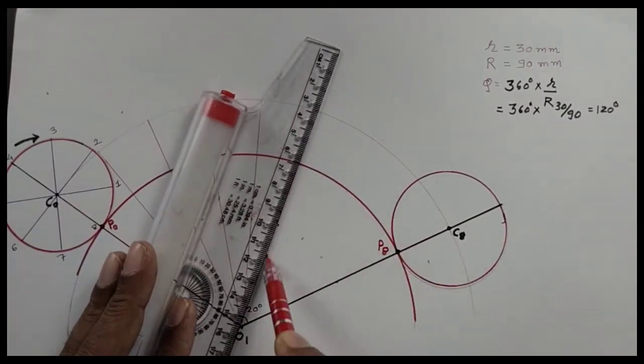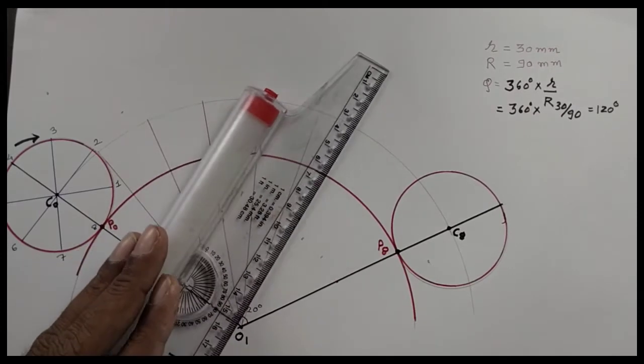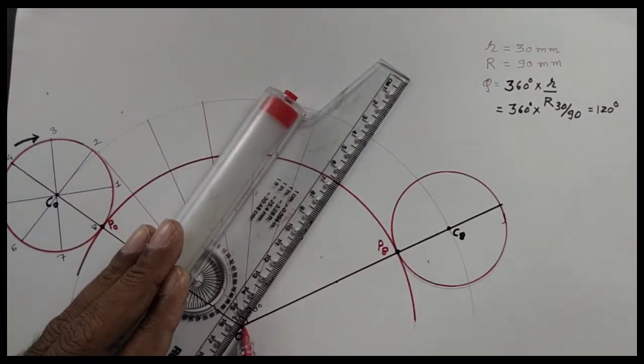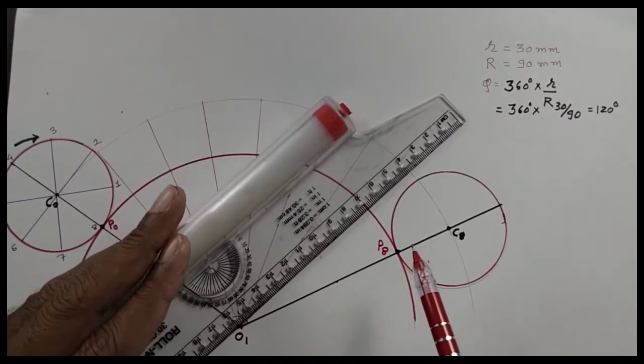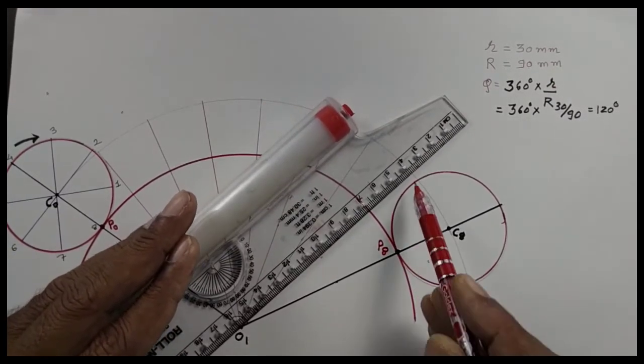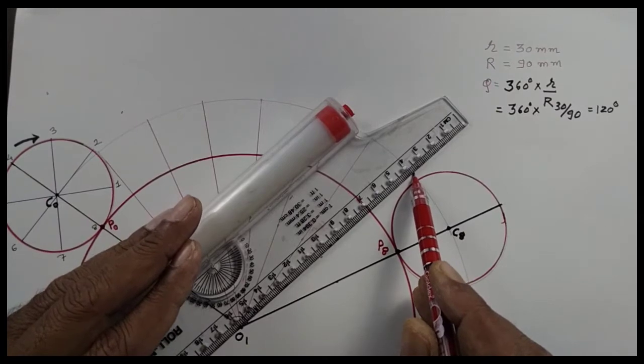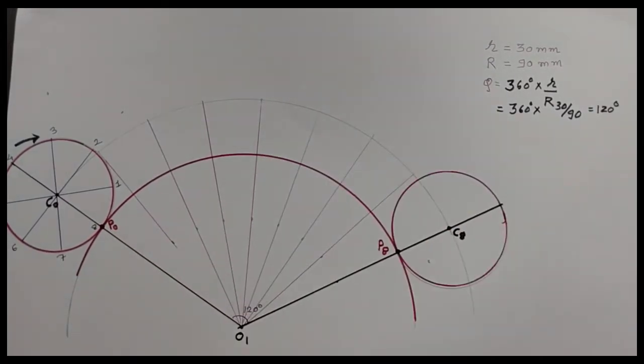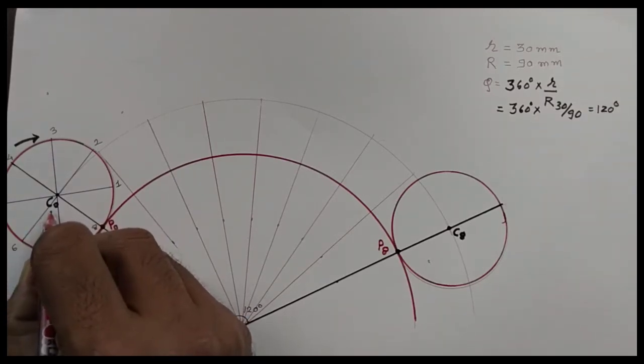After completing this exercise, we get the C0 center, C1 center, and C2, C3 up to C8. So this is my C0.